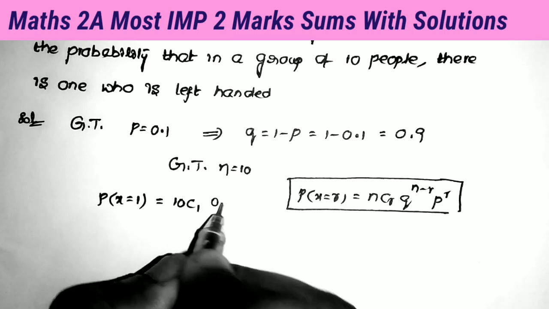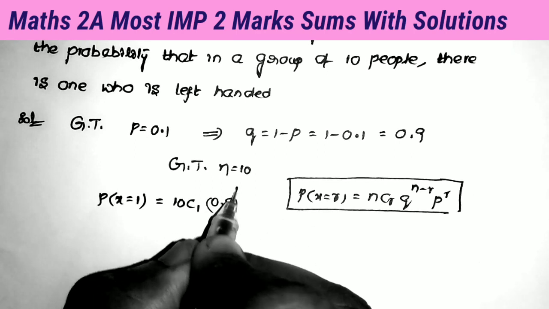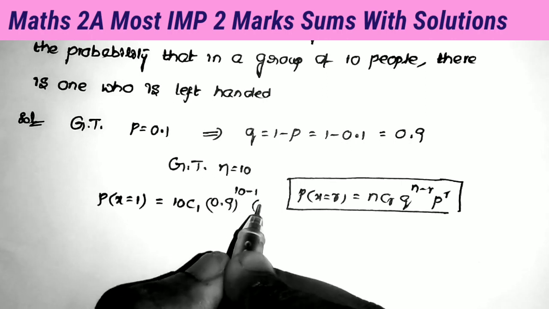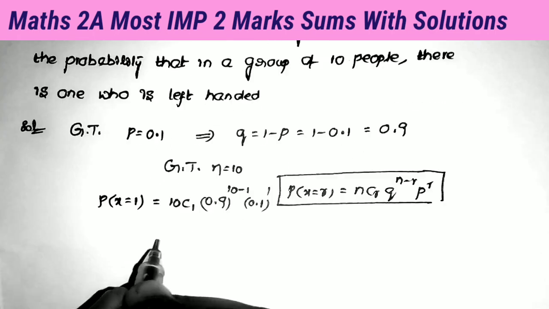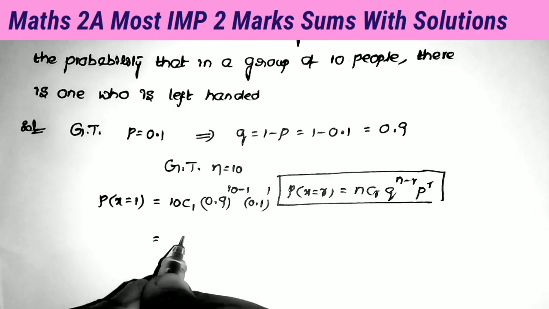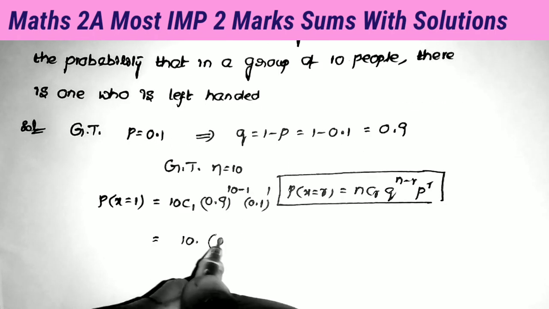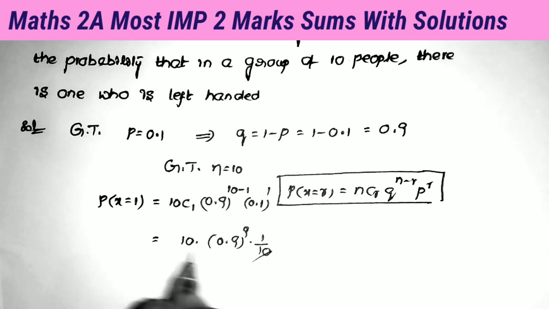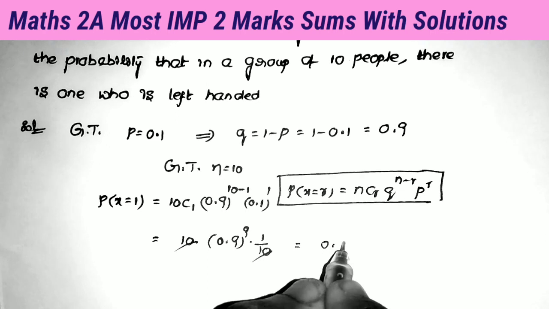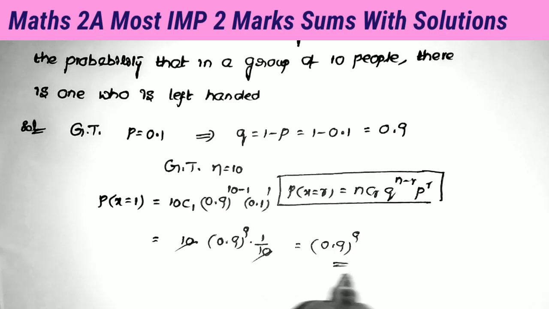Q is 0.9 power n minus r, 10 minus 1, and p is 0.1 power 1. That is equal to 10C1 value 10 into 0.9 power 9 into 0.1, which is 1 by 10. Therefore, the answer is equal to 0.9 power 9.